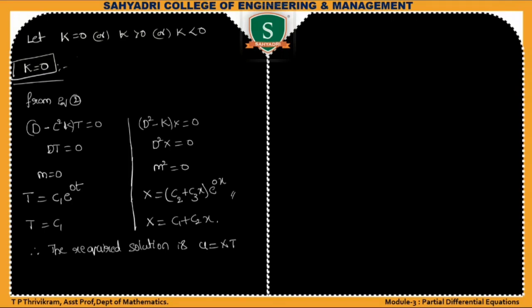So multiply these two solutions and you'll get the required solution. u is equal to (c2 plus c3x) into c1.